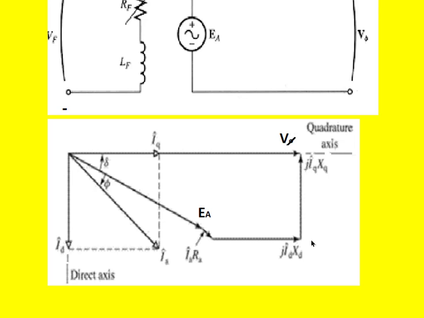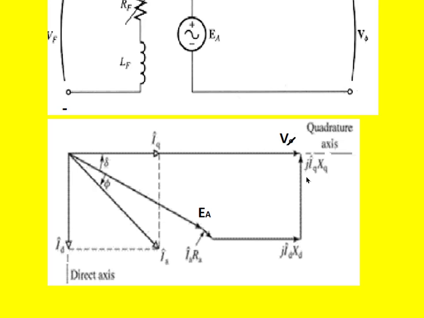Then when we add the direct axis reactance voltage drop, we get ID XD like this. Then we add the voltage drop across the armature resistance, that is the stator resistance, IA RA, which will be in phase with IA, like this. So we get it like this.